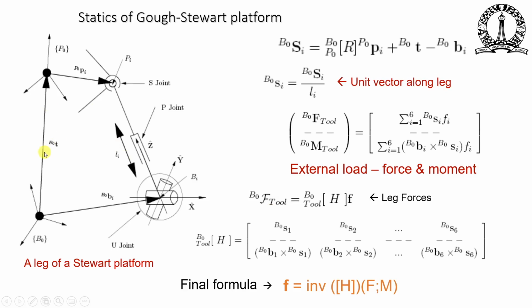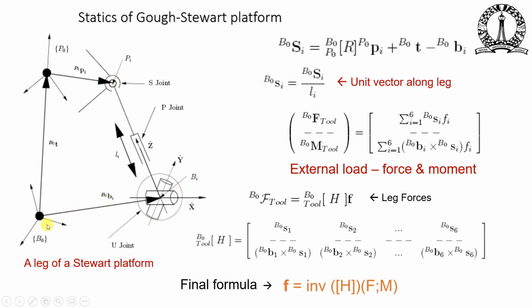So consider a single leg of a Stewart platform. We have a fixed coordinate system B0 and a top platform moving coordinate system P0. Each of these S joints can be located by a vector P0 Pi, where Pi is the point of the spherical joint. The U joint can be located by a vector B0 Bi, Bi with respect to B0.